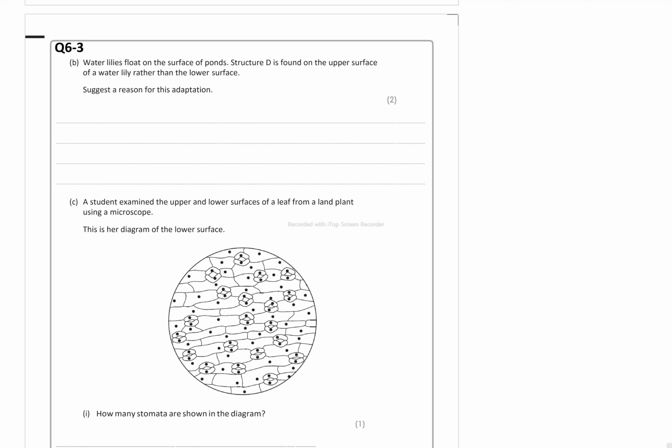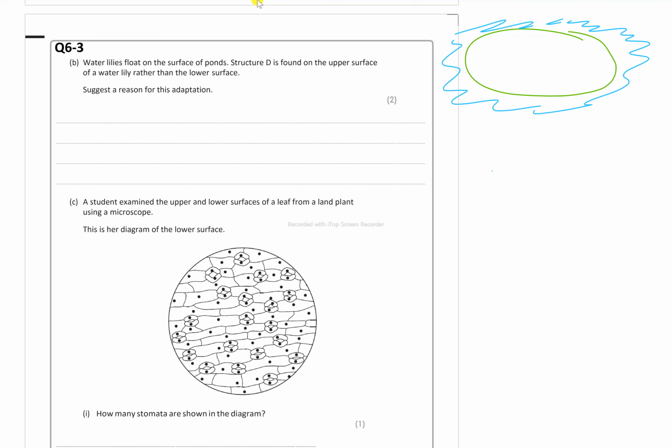Right, water lilies float on the surface of ponds. So basically, you're going to get a water lily, and there's water around it, so it's on a pond.